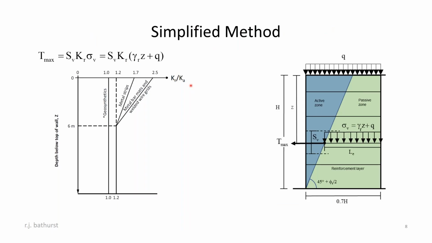If it's a relatively inextensible reinforcement material, we assume that the loads are larger, at least over the top half of the wall, due to the higher stiffness of the reinforcement. And therefore, you would pick a larger equivalent lateral earth pressure coefficient. So for geosynthetics, Kr is just equal to Ka.